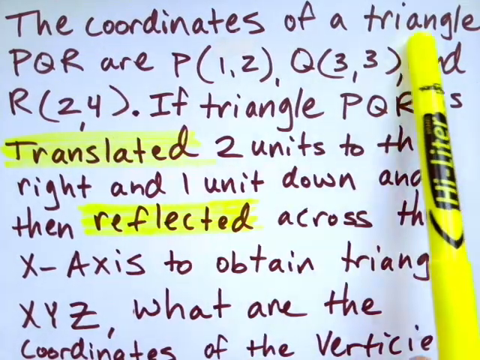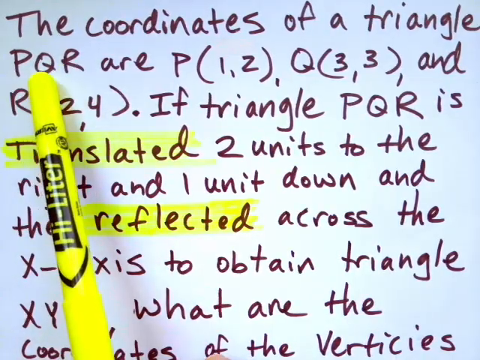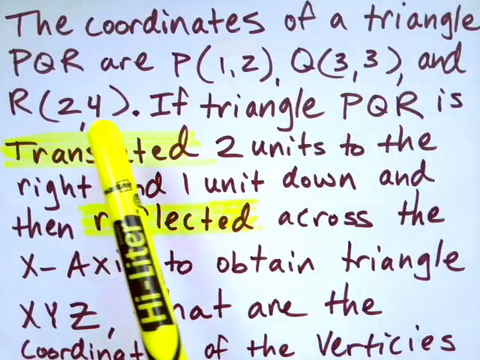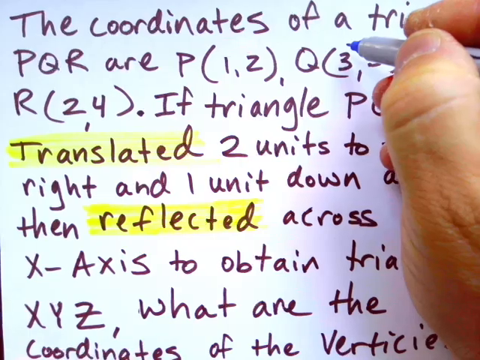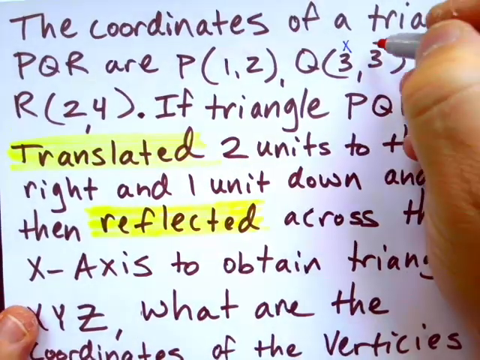So the coordinates of a triangle P, Q, and R. Each P, Q, and R is a point on a triangle on a graph, right? Each is given as an ordered pair of an X and a Y value.